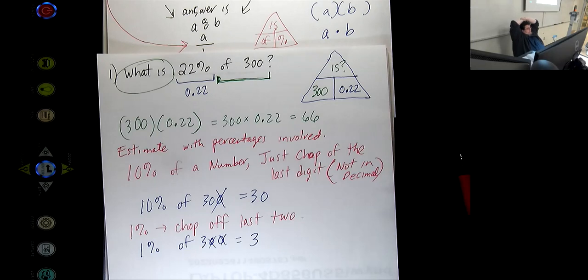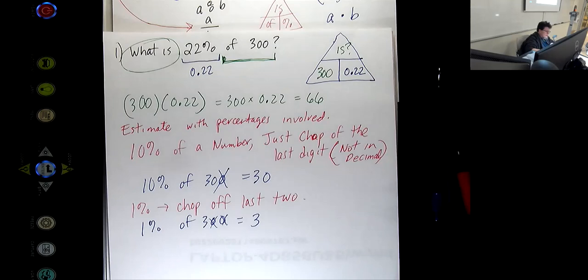Now, I probably wouldn't do the whole thing just to estimate the 22%. I would probably just estimate 20%. If my 20% answer is close to the actual thing I got on the calculator, I did the calculator right.